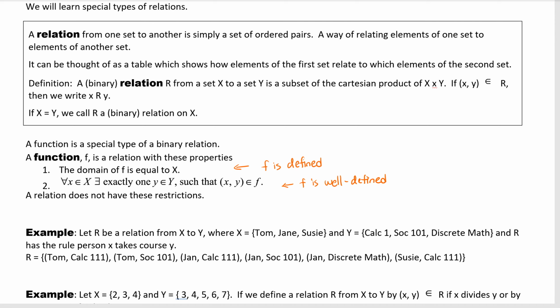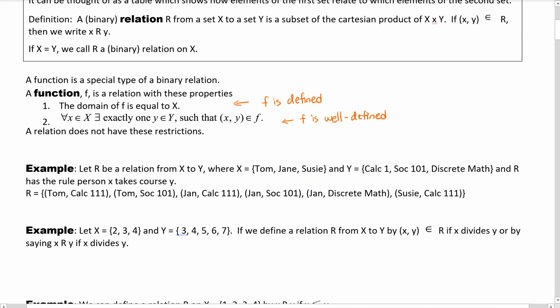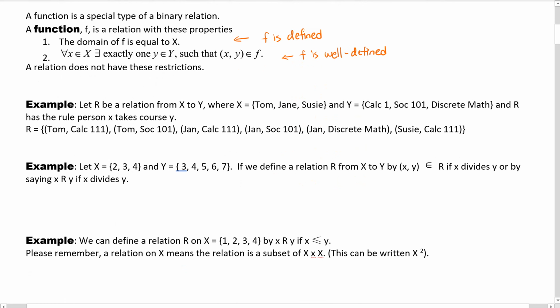However, a relation does not have these restrictions. So let's look at examples. Let R be a relation from X to Y, where X equals {Tom, Jane, Susie}, and Y equals {Calculus 111, Social Science 101, Discrete Math}, and R has the rule person x takes course y.